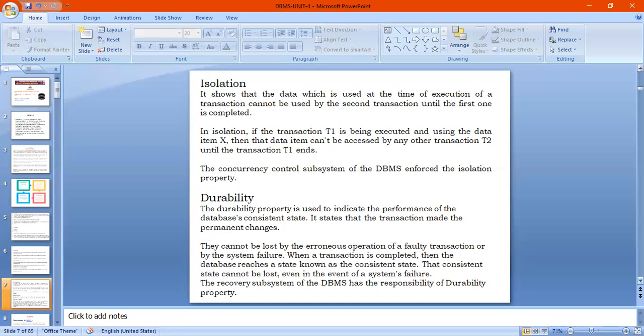This consistent state cannot be lost even in the event of system failure. The recovery subsystem of the database management system has responsibility over the durability property.